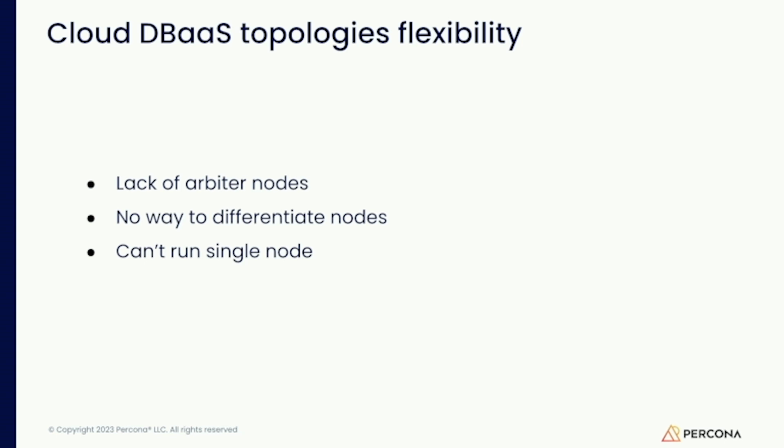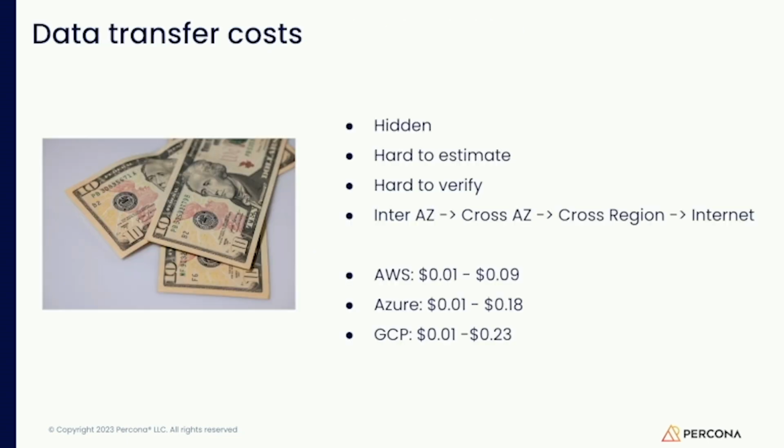You can't use arbiter nodes, which some people don't recommend, but I believe in some workloads it actually makes sense. And you can't run a single node, right? So if you even want to have some test workload where you don't really need a 3-node replica set, you still need to pay for that, right? And all this adds up to a real trap.